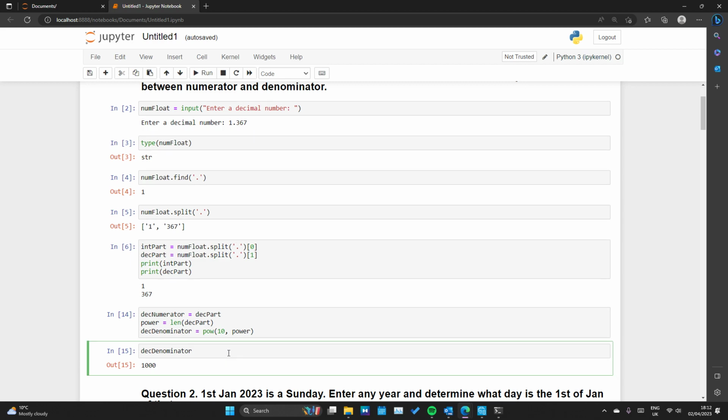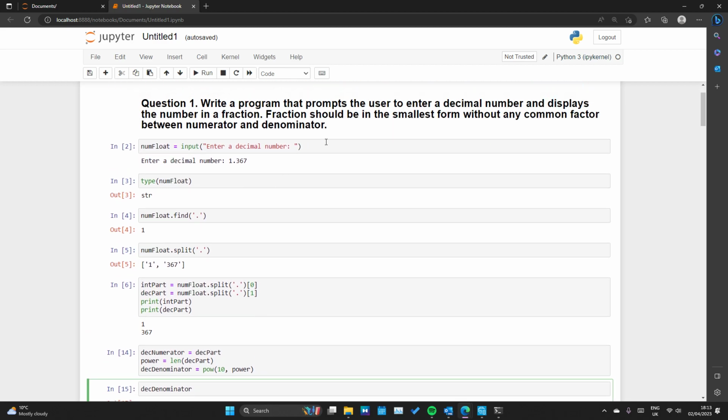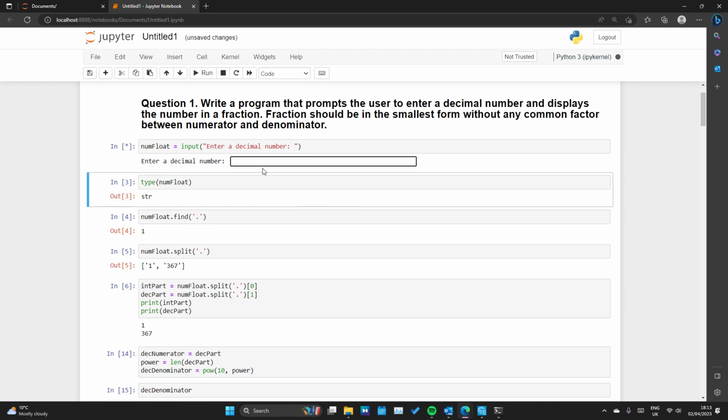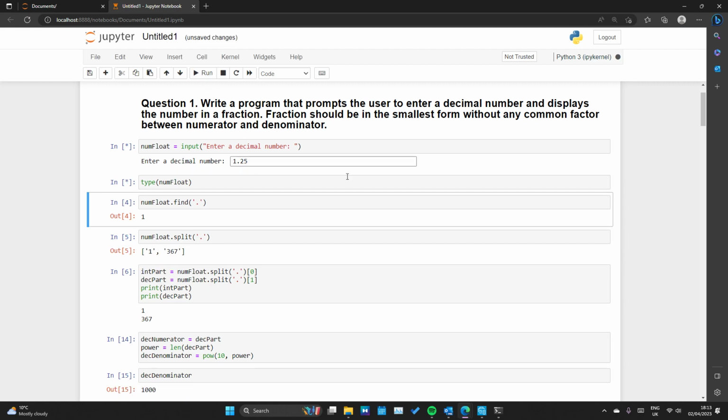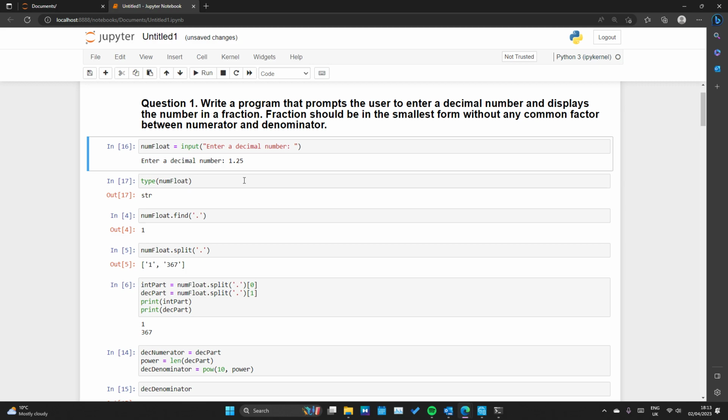But in programming we need to take care of the situations which may arise later on. So what I'm going to do here is input a different decimal number, so I will put something like 1.25. Okay, so now this 1.25 should be equivalent to 1 plus 1 by 4.